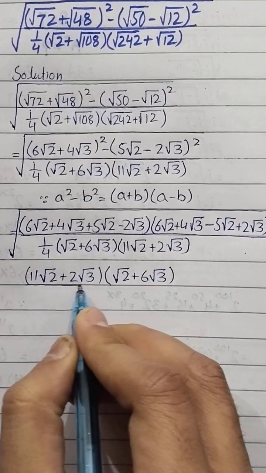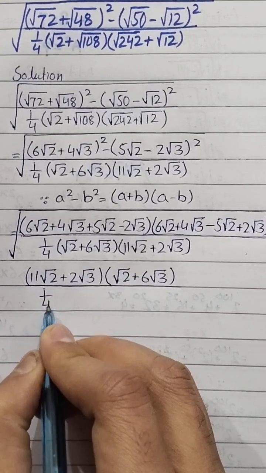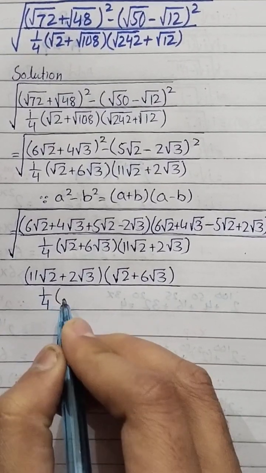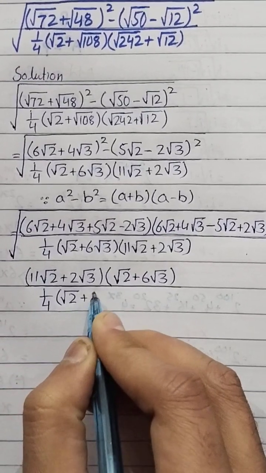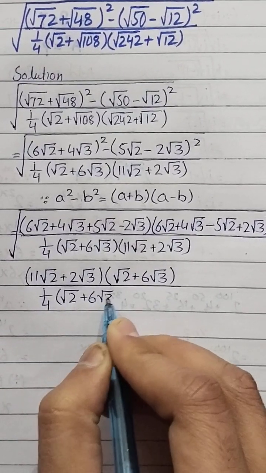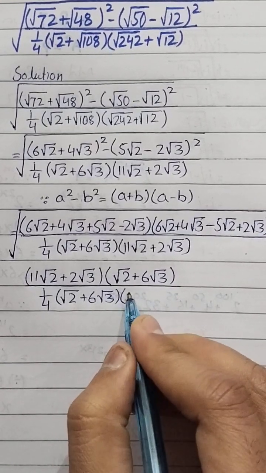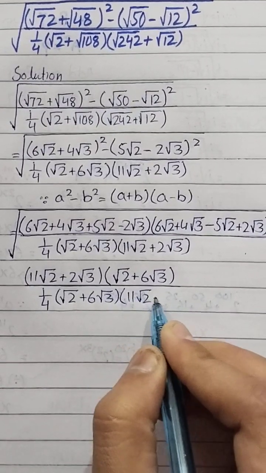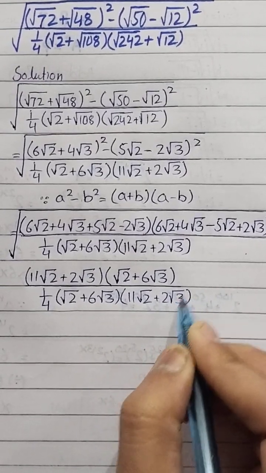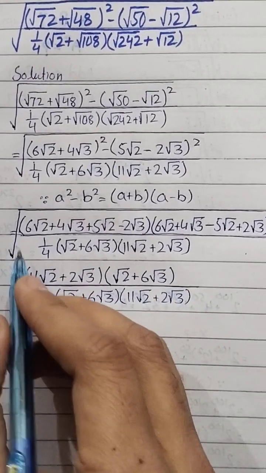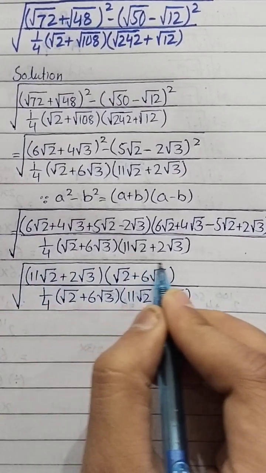divided by 1 over 4 into under root 2 plus 6 under root 3 into 11 under root 2 plus 2 under root 3, and then this whole square root.